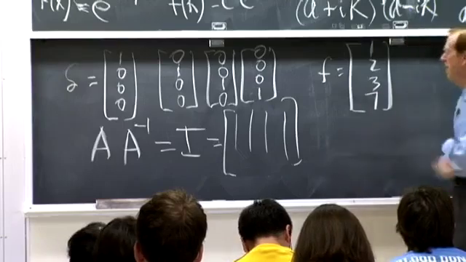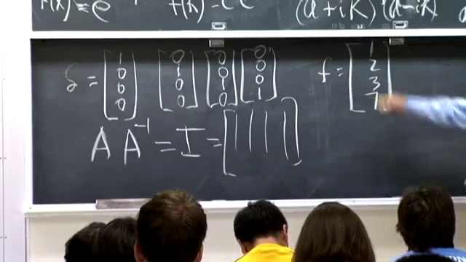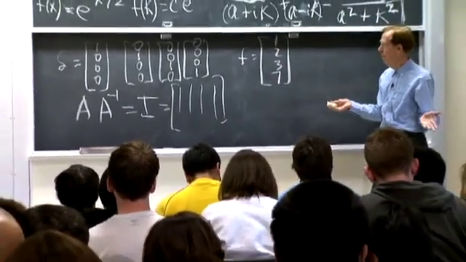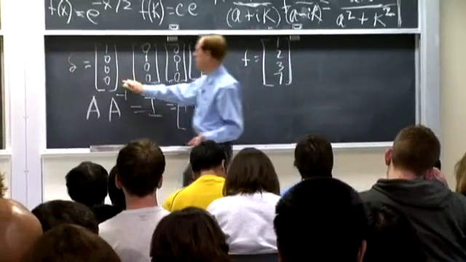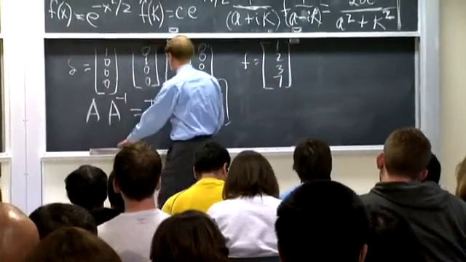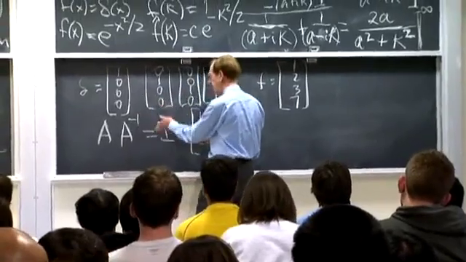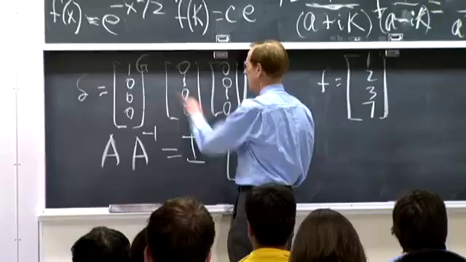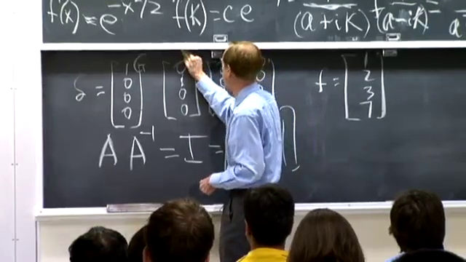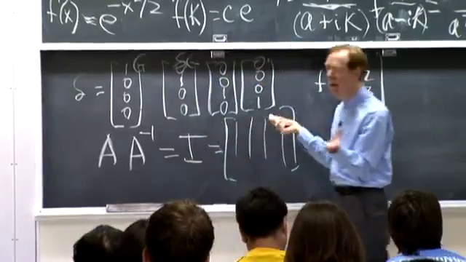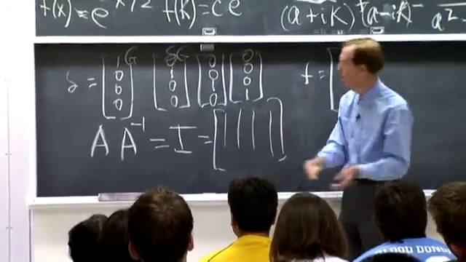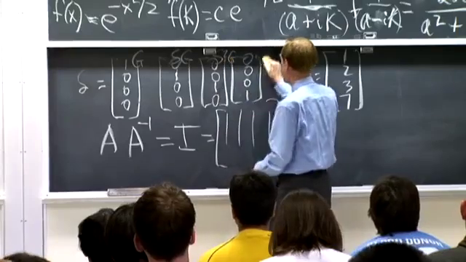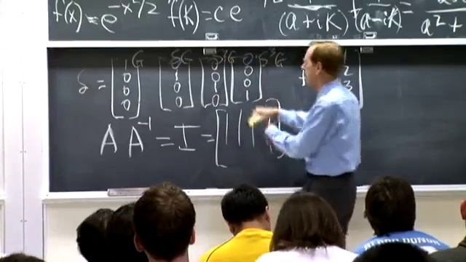Now everybody tell me what's the solution for this right-hand side 1, 2, 3, 7. The columns of A inverse are this Green's function, this Green's function with a shift, maybe SG for Green's function with a shift, S squared G, Green's function with a double shift, S cubed G. I'm just cooking up these letters.